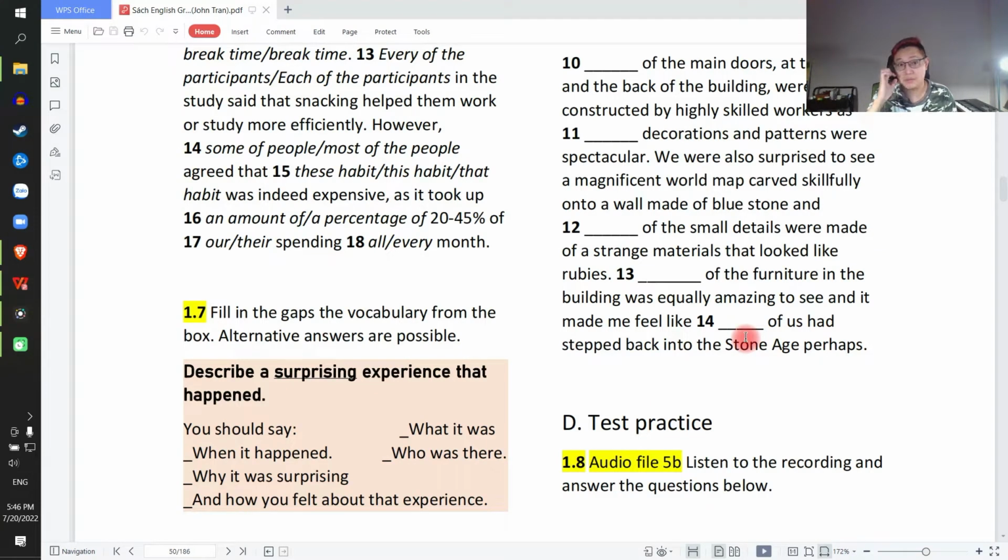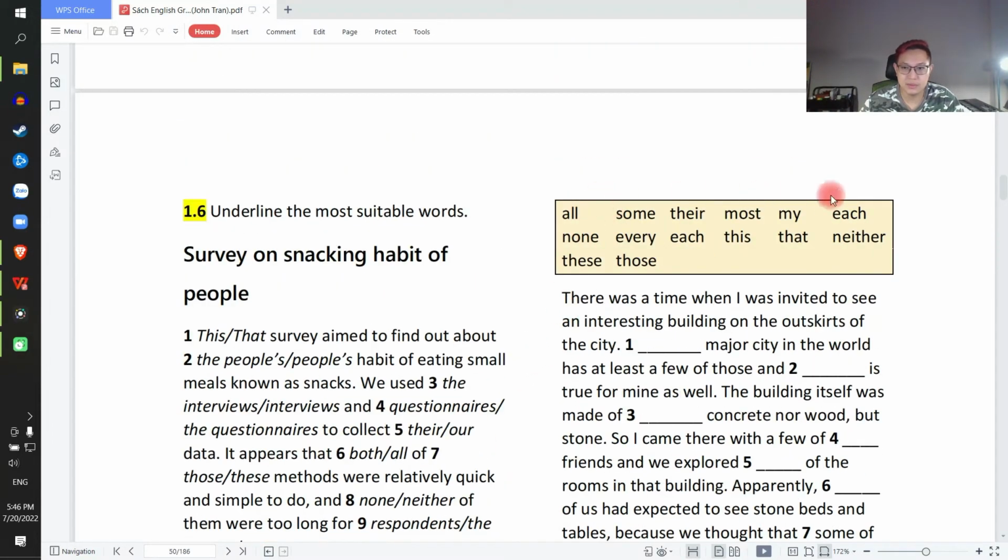All right, so let's go to 1.7. You have to fill in the gaps, the vocabulary from the box, and alternative answers are possible. Bài 1.7 các bạn được yêu cầu là điền vào những khoảng trống cái từ vựng từ trong cái hộp. So this is the box that all the words you have to put in there. Đây là những cái từ các bạn phải điền vào nè.